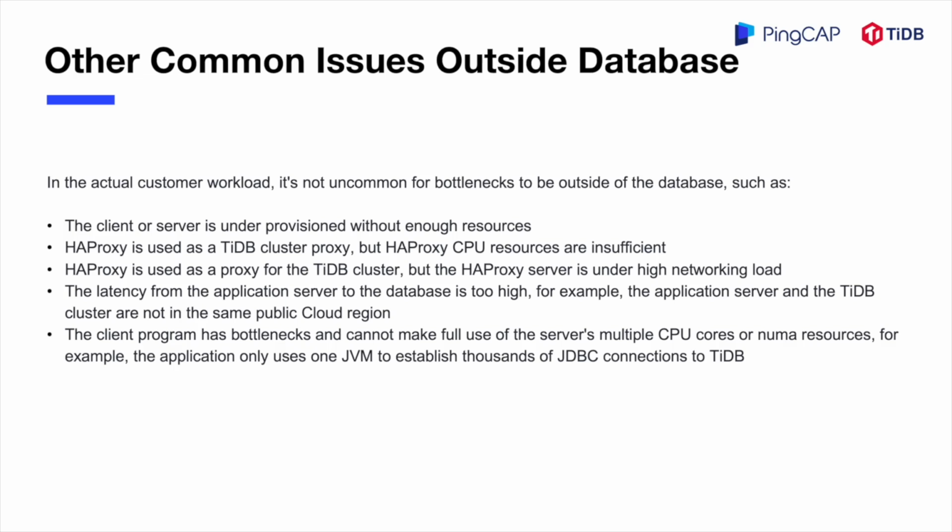The latency from the application server to the database is too high, for example, the application server and the TiDB cluster are not in the same public cloud region. The client program has bottlenecks and cannot make full use of the server's multiple CPU cores or NUMA resources. For example, the application only uses one JVM to establish thousands of JDBC connections to TiDB.